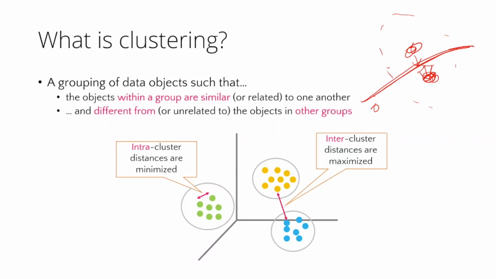By maximizing the inter-cluster distance, you achieve a clear distinction between the objects in different clusters. It's almost common sense, but it is good to emphasize what is being minimized and what is being maximized.